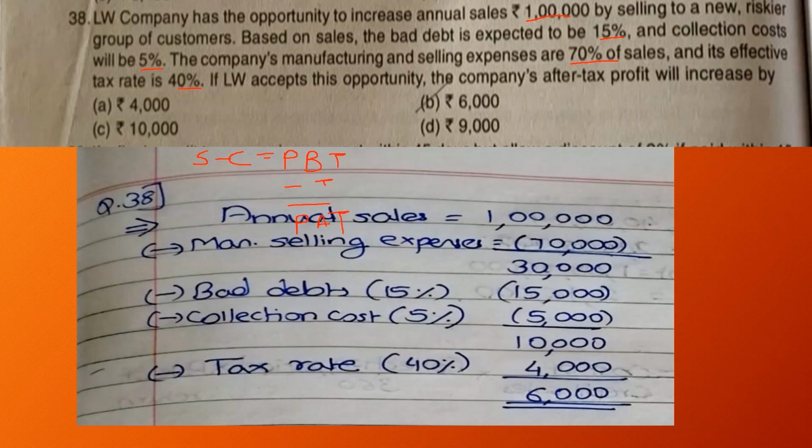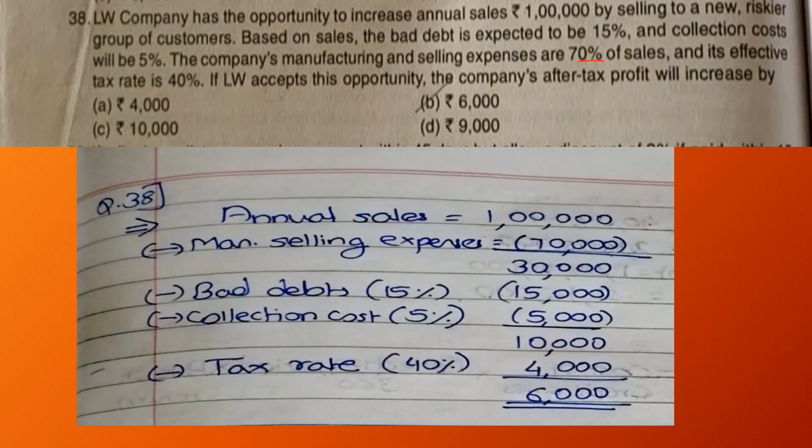Okay, I will rub this. So annual sales are 1 lakh less manufacturing expenses. Manufacturing expenses are 70% of sales, so 70% of 1 lakh is 70,000, and we get 30,000. Then we deduct bad debts.